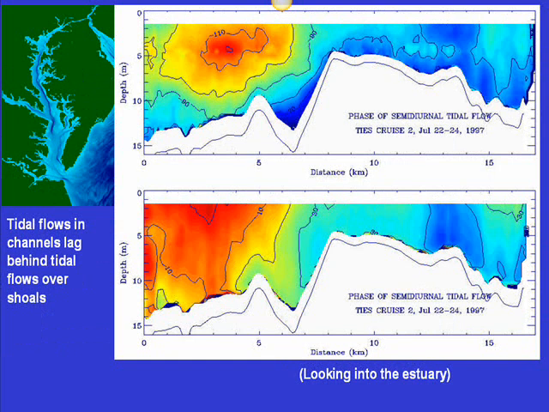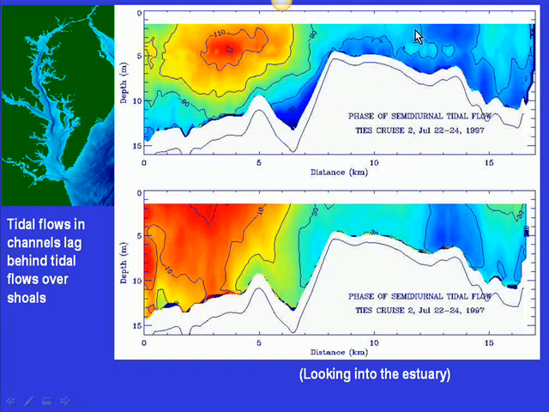So that was the amplitude. Now, how about the phase? And you have the answer there of what these distributions represent. But there are large differences between the deep part and the shallow part here, as you can see in terms of colors. And what that tells you is that the tidal flows in channels lag behind tidal flows over shoals.